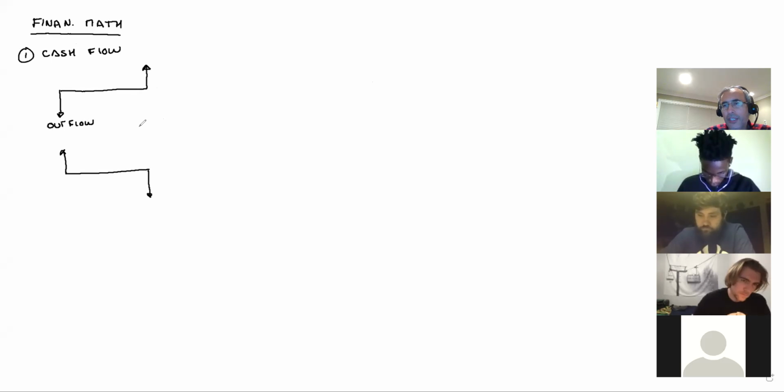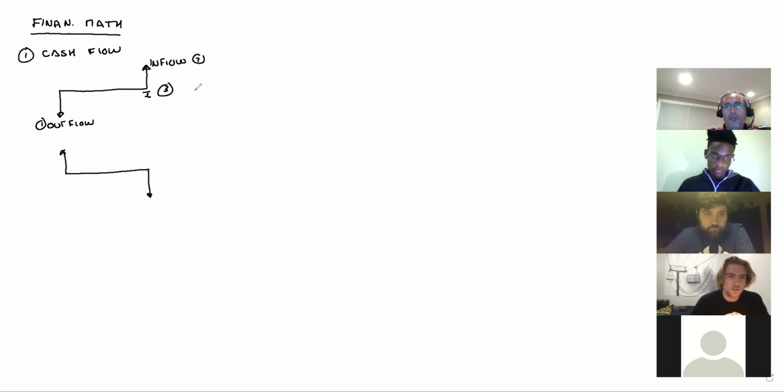Every time that I have something down, it's an outflow, so money is getting out from you. Of course, we have an inflow, so money is coming for you. We are going to have time. So this is going to be my 1, my 2, my 3, and my 4 is always going to be an interest rate. The interest rate, I will call it I.